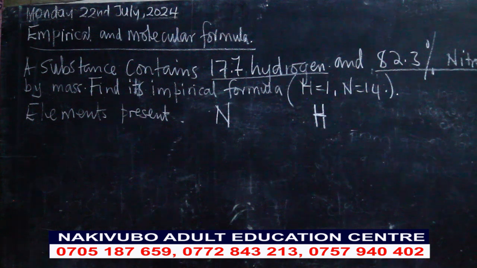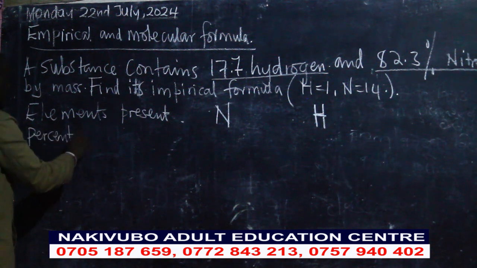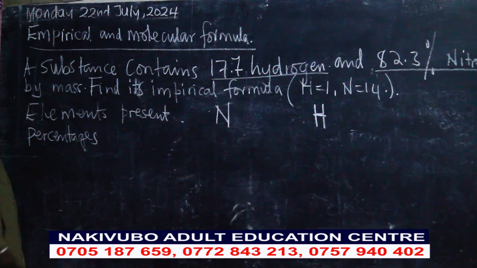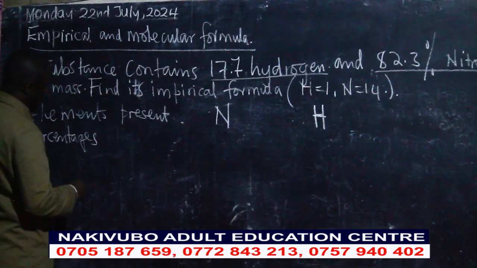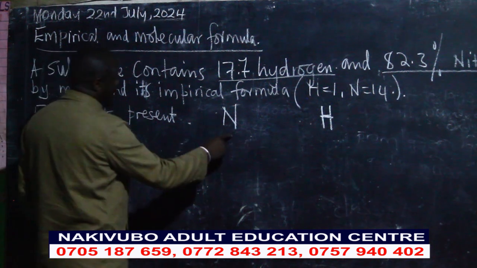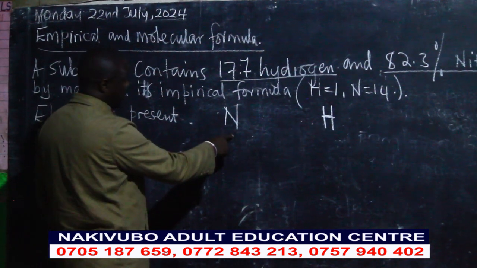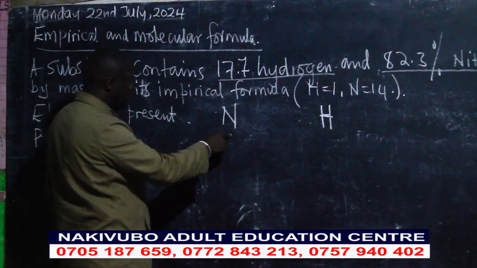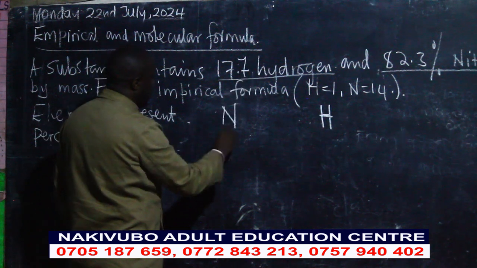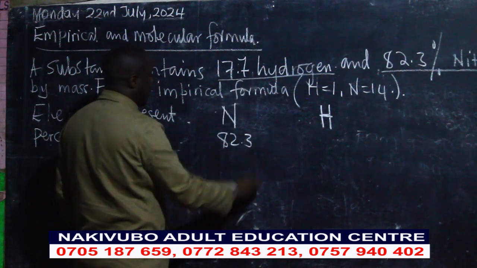Secondly, we follow the percentages. If not percentages, if the question stated mass, you state the mass. Are we together? So what is the percentage of nitrogen in this compound? 82.3. It is stated there.